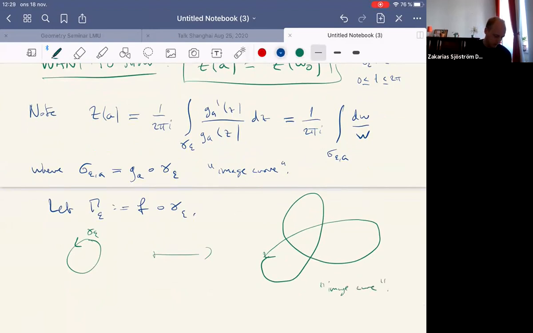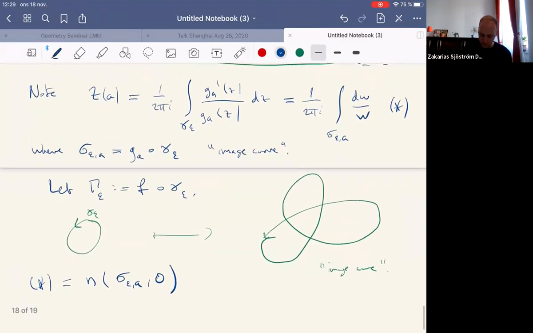Okay, so why do I draw this? Well, the point is that if we call this star, then this star thing here is just the winding number of this curve sigma epsilon A around 0.